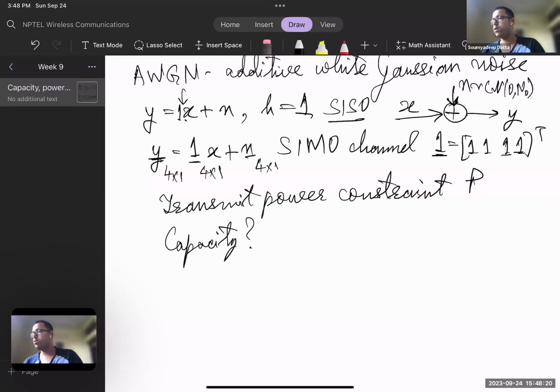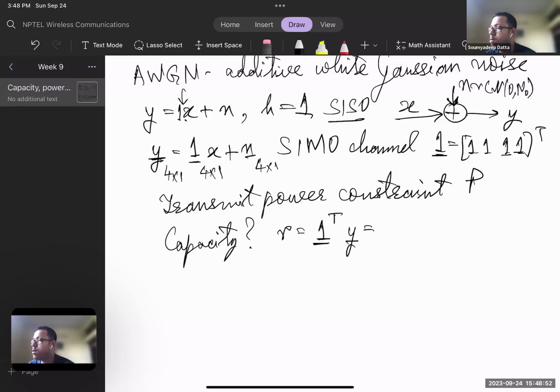Essentially, you ultimately want to combine all of these 4 signals, because you are sending just this one symbol X, so your received symbol will also be some scalar, R. What you can do is combine this Y with the 1 transpose vector.